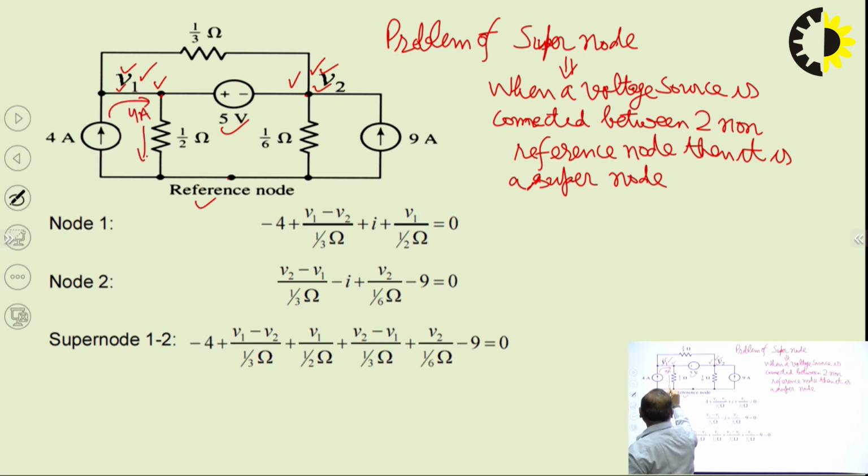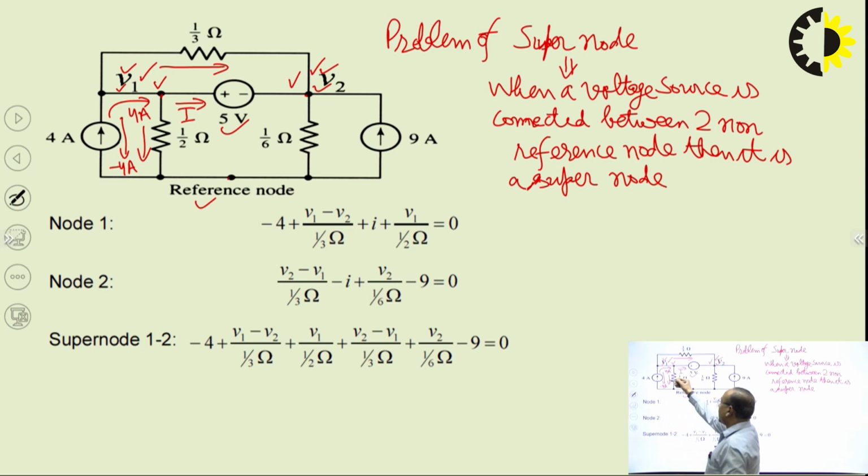Suppose here this current we assume is I, and in this 1/3 ohm we take this current like this. So now the equation will be, we are assuming 4 ampere as outgoing current, that's why we can write -4. Since 4 ampere is incoming, so -4 ampere is outgoing.